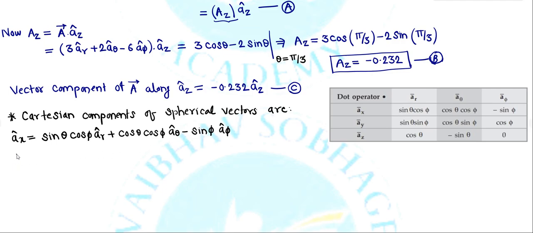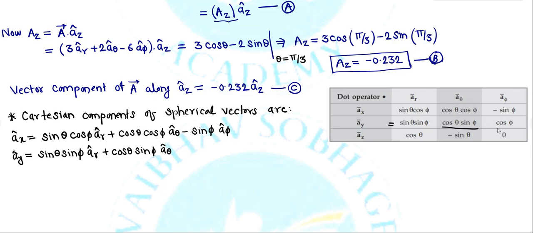Next we have the AY component. Again, make use of this table. So AY is sine theta sin phi AR, then plus cos theta sin phi A theta.